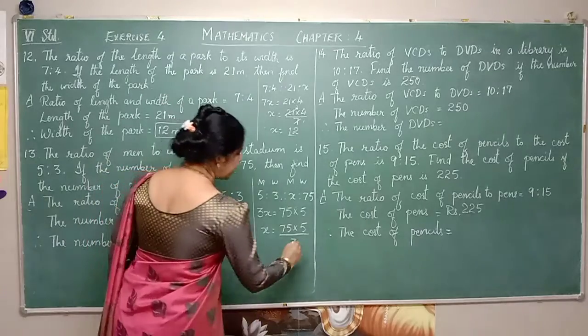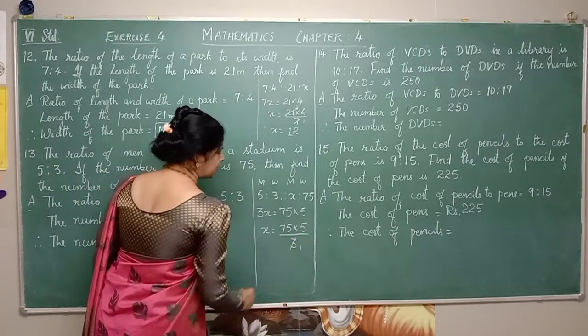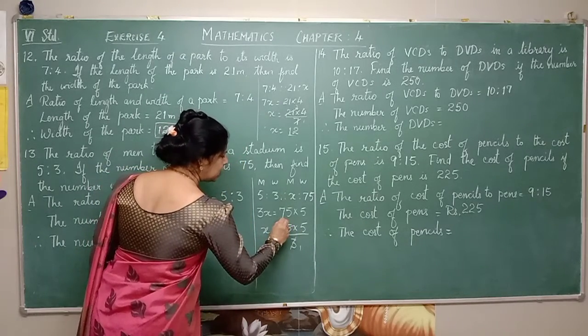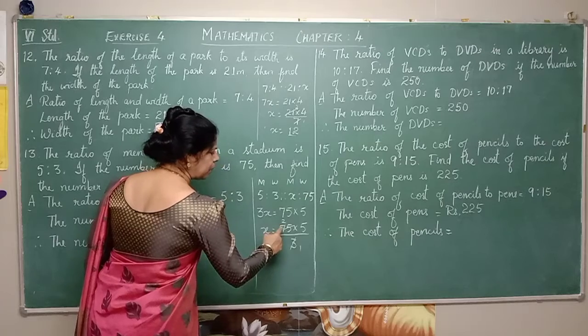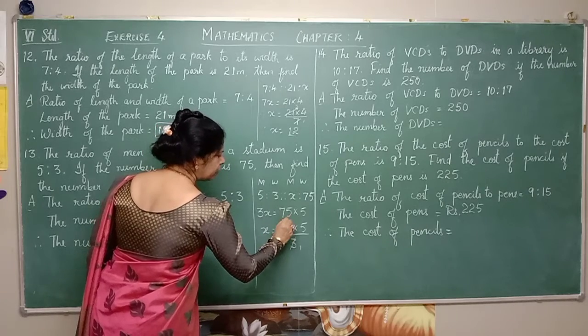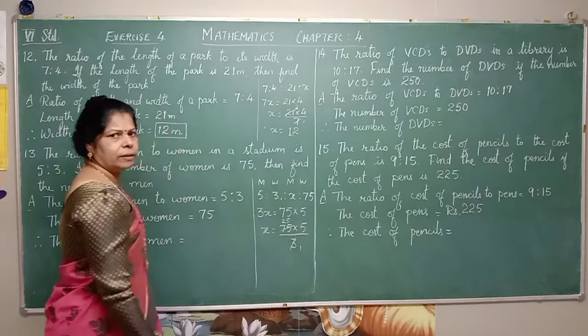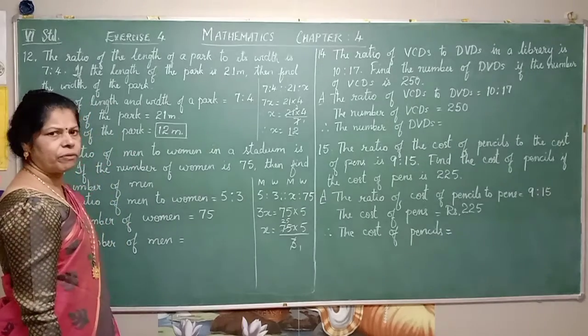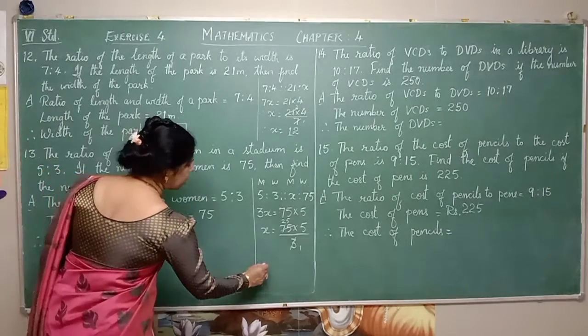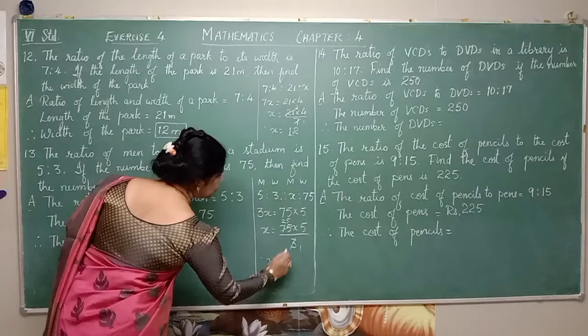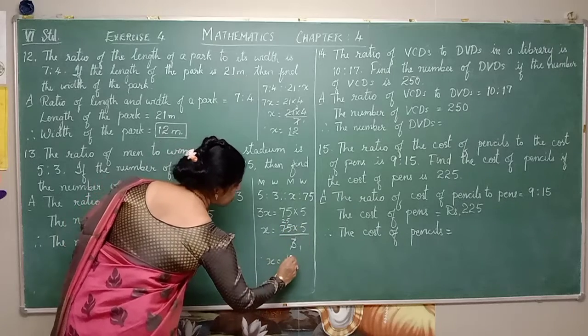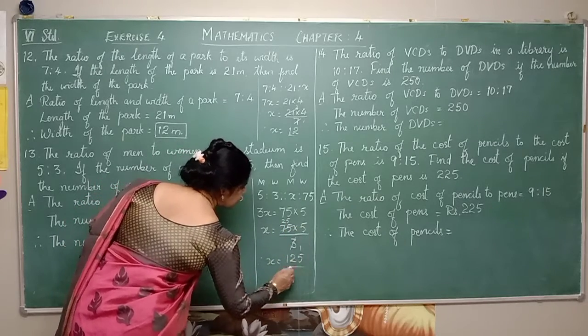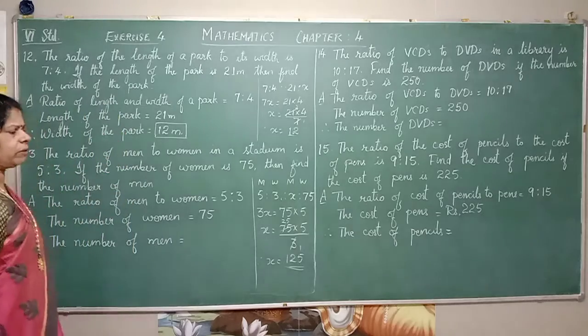Here you can cancel: 3 ones are 3, 3 twos are 6, 1 remains, 15, 3 fives are 15. So X is equal to 25 into 5, which is 125. So this is your answer, 125.